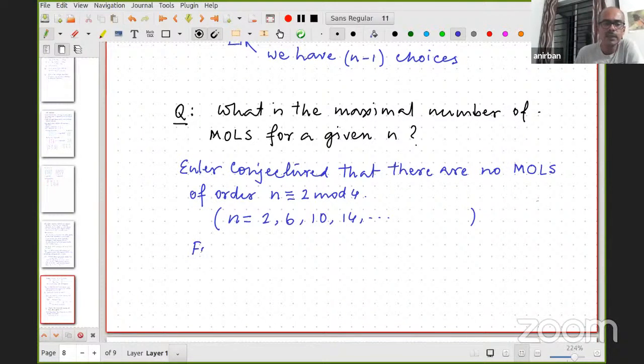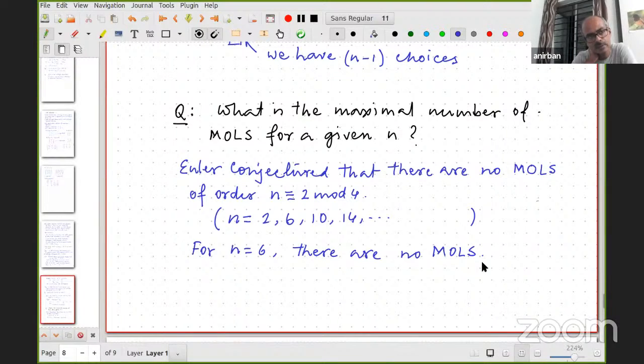So for n equal to 6, there are no mutually orthogonal Latin squares. There are several proofs of this. The earliest proof was an explicit computation, explicit arrangements of all possible 6 cross 6 Latin squares, but there are much easier and more elegant proofs available.